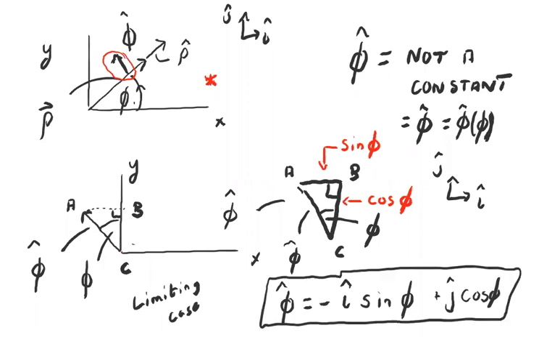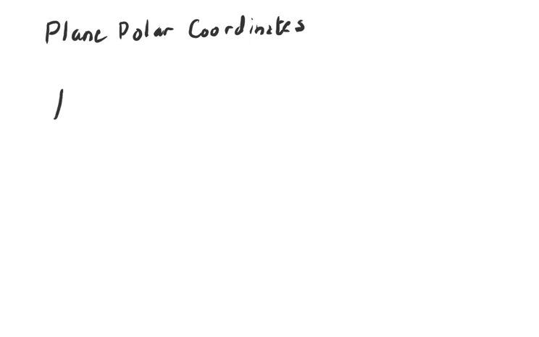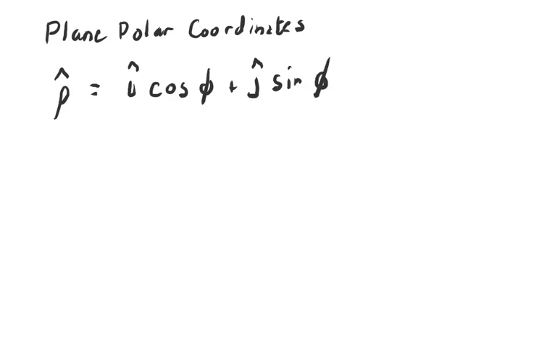I know what the unit vector phi hat is in plane polar coordinates. So for plane polar coordinates, I have built or discovered that the unit vector rho hat is i hat cosine phi plus j hat sine phi, and the unit vector phi hat is minus i hat sine phi plus j hat cosine phi.